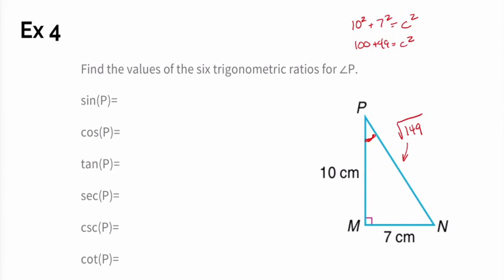So the sine of angle P is going to be the opposite side over the hypotenuse, which is going to be 7 over the square root of 149. And we will rationalize that denominator by multiplying by the square root of 149 over the square root of 149. Get 7 square root 149 over 149.